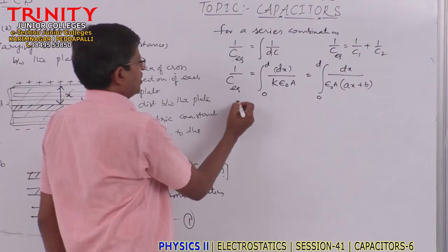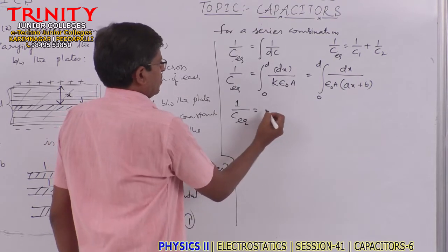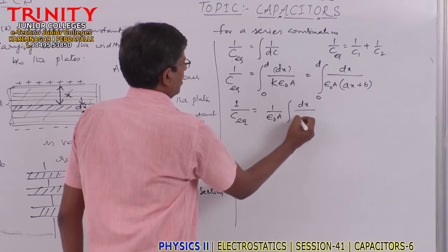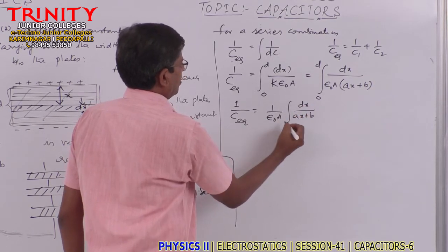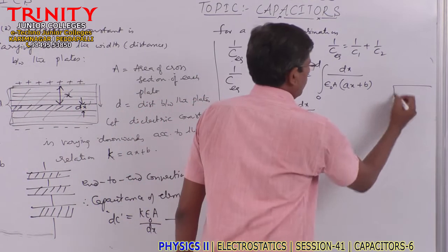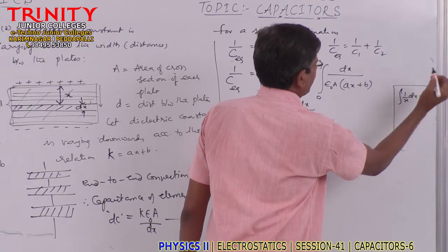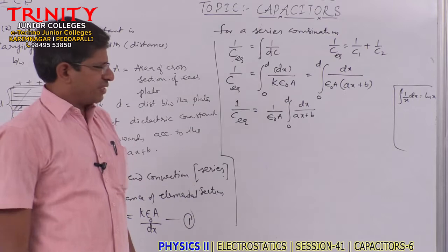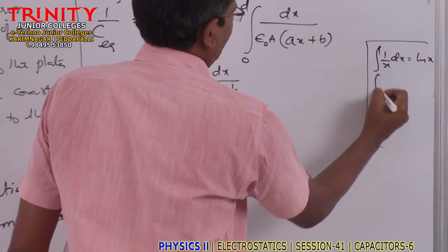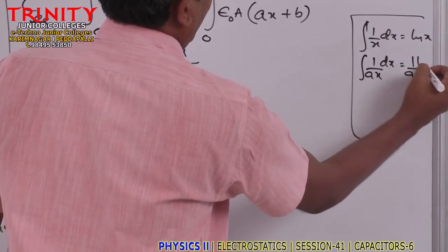Now integration techniques come into play. I am taking 1 by epsilon naught A out of the integration, so we have dx by Ax plus B from 0 to D. Let me remind you, the integration of 1 by x dx is ln x or simply log x. If I write 1 by Ax dx, this is 1 by A ln x.